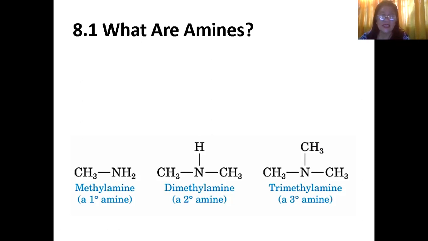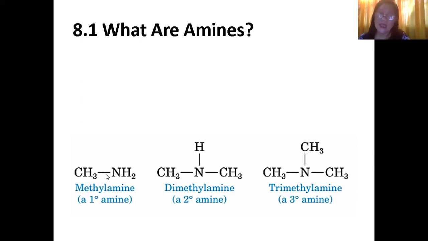Because as you can see, the other hydrogen on the nitrogen is replaced with a methyl group. And finally, it is a tertiary amine, wherein all of the hydrogens on your nitrogen are replaced by substituents. And that is what is meant by primary, secondary, and tertiary amine.